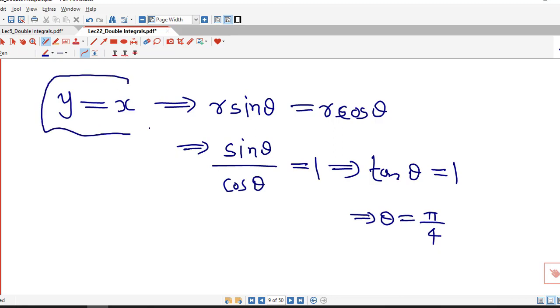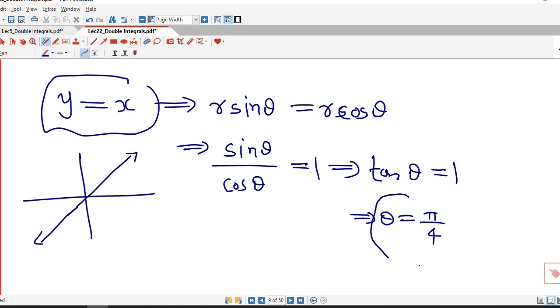This is the Cartesian form of the line y equal to x, and this is the polar form. So in polar form we represent the line y equal to x as theta equal to pi by 4.